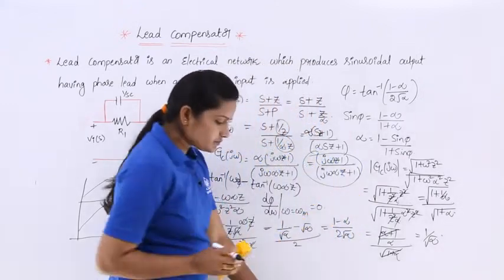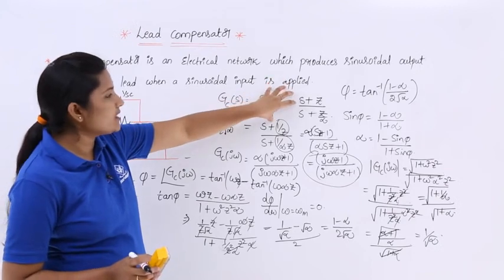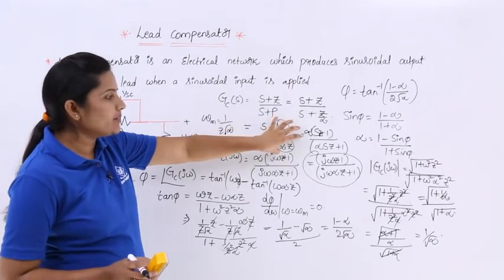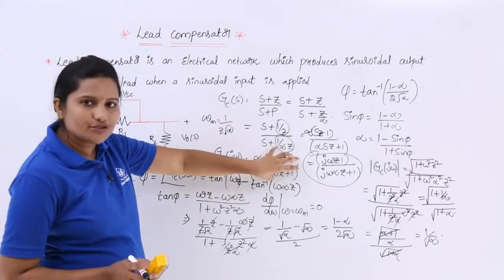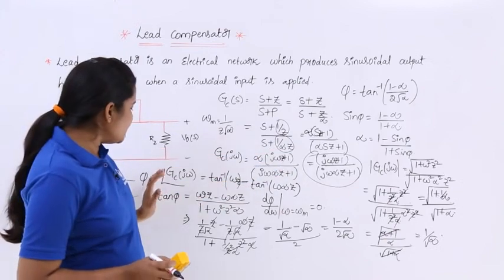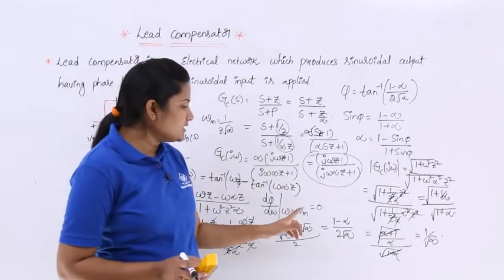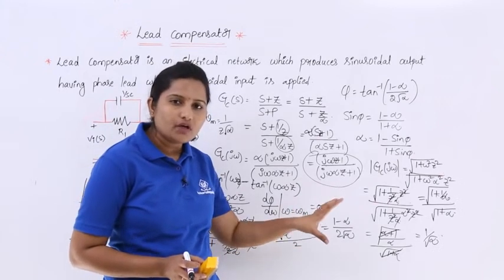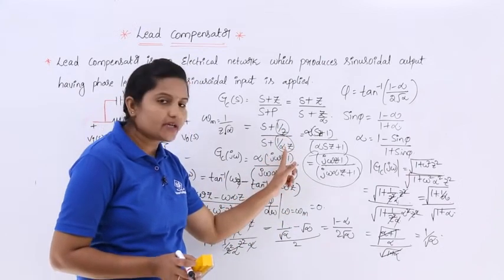Here what I did for the lead compensator is, I need to consider the general lead compensator transfer function. I need to replace Z by 1 by Z, and after that convert into j omega form. After that I need to consider phase at omega m. How can we calculate omega m? Root of omega c1 into omega c2, this is omega c1, this is omega c2.